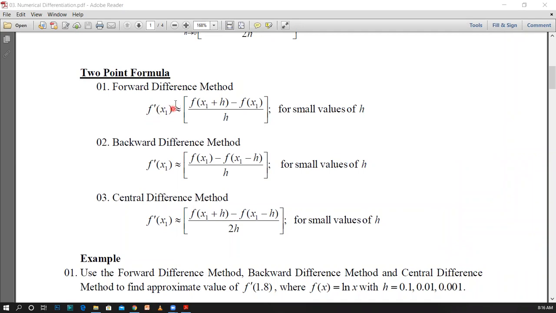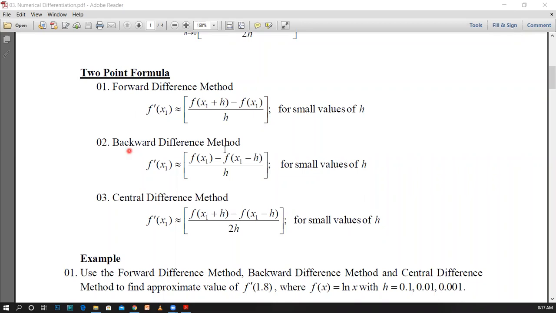Here we will get an approximate value, not the exact value, when using this equation. It means we obtain the value of the function f at point x1 + h, subtract the value of the function at point x1, and then divide by h, where h is a very small value.